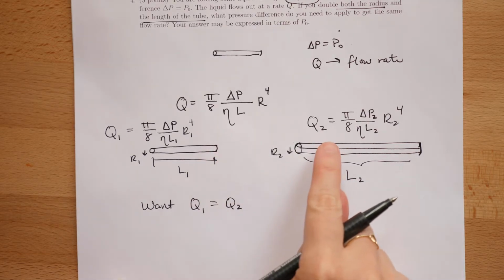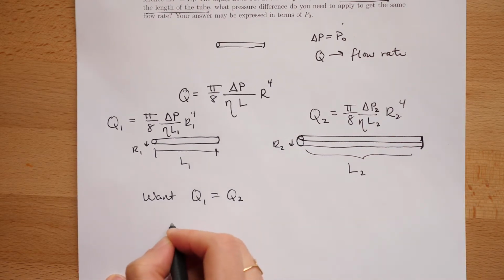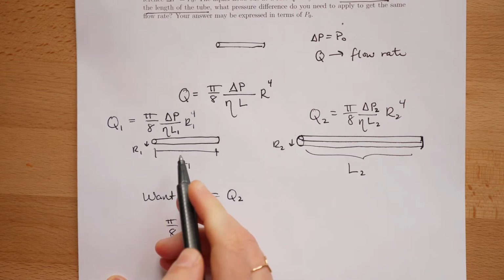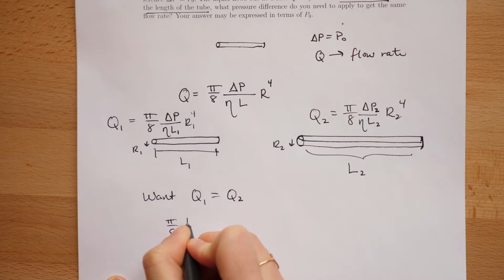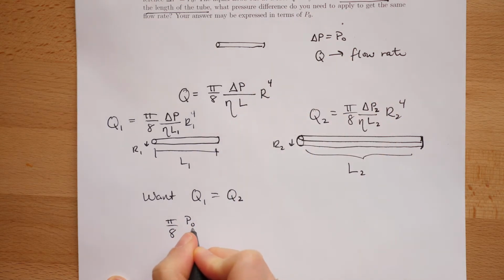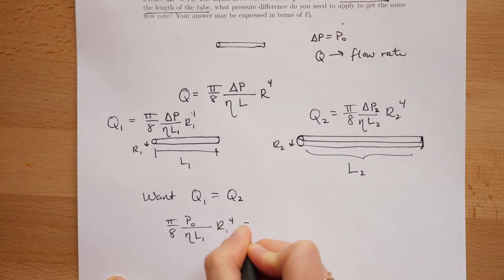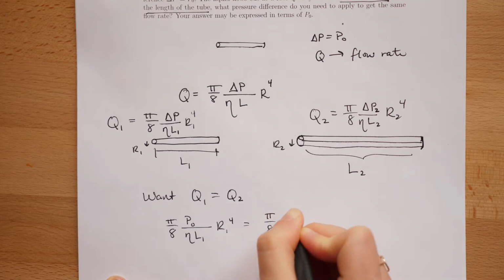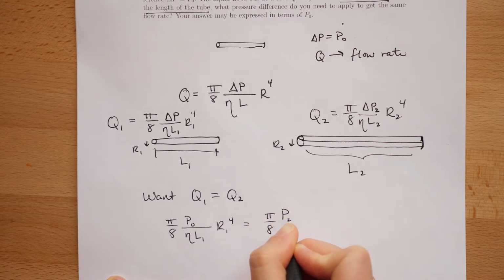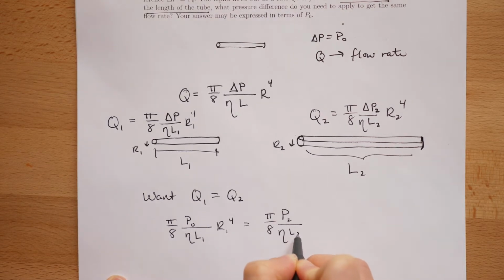So we're just going to plug each of these in. Our initial delta P, we called it P naught, divided by eta L1 R1 to the fourth, equals pi/8 times P2, that's what we're trying to find, divided by eta L2 R2 to the fourth.